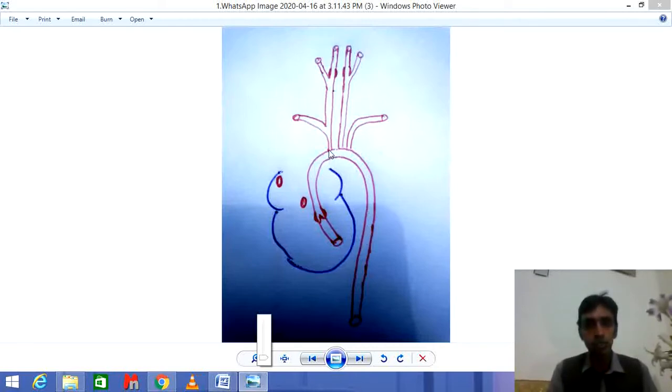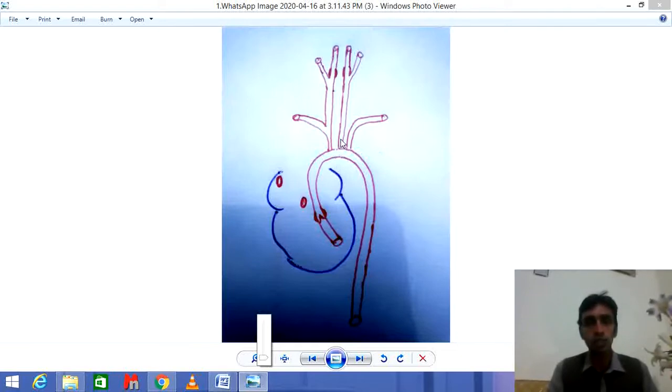Now coming towards this one, from the aortic arch, this is the brachiocephalic artery. The brachiocephalic artery further gives the right brachial artery and the common carotid artery. Further it gives the internal carotid artery and the external carotid artery.